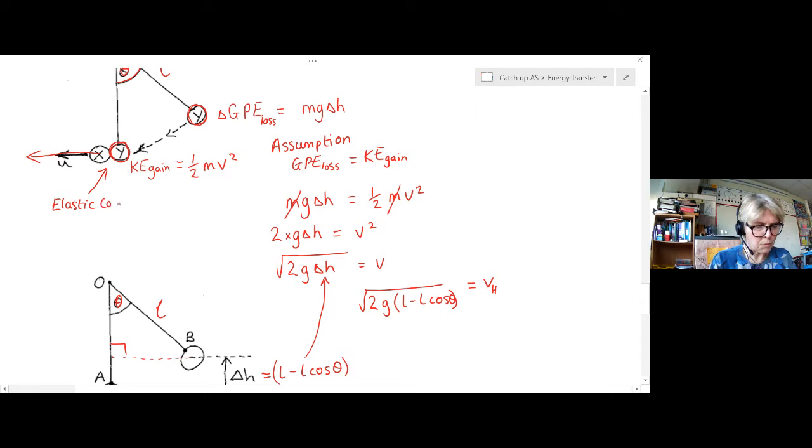By that, what we mean is that all of the energy that y had as kinetic energy is equal to the kinetic energy of x, i.e. no energy is lost to other forms. You'll always have conservation of energy.